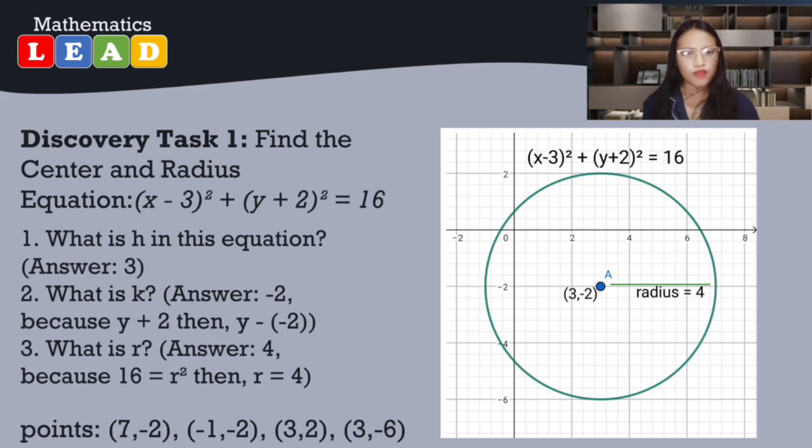Third, from the center, move out by the radius in all directions to mark points on the circle. Every point on the circle is exactly radius units away from the center. Lastly, connect those points smoothly to draw the circle.